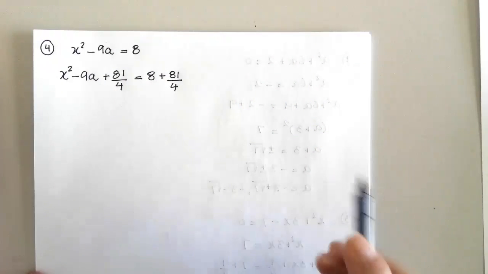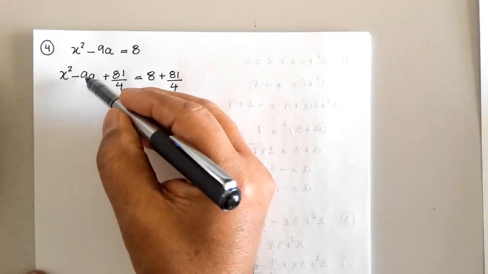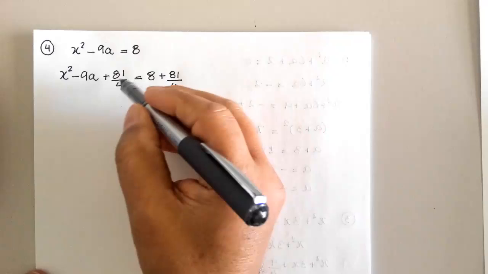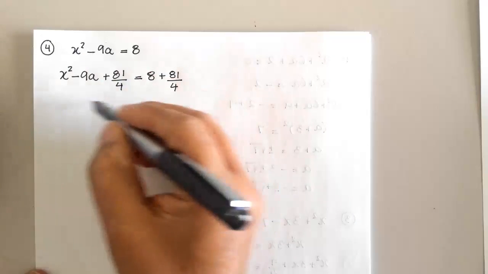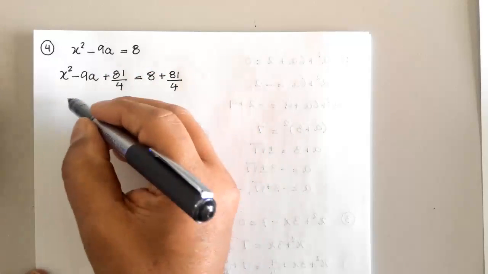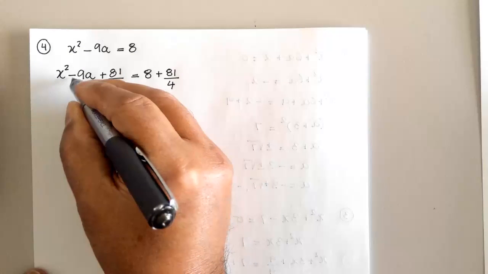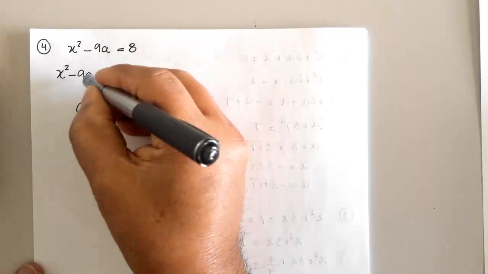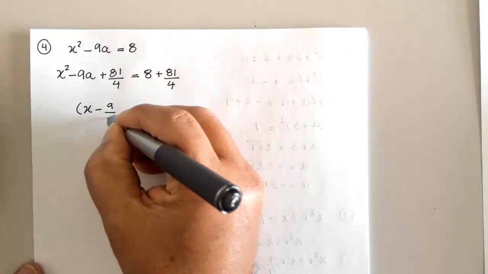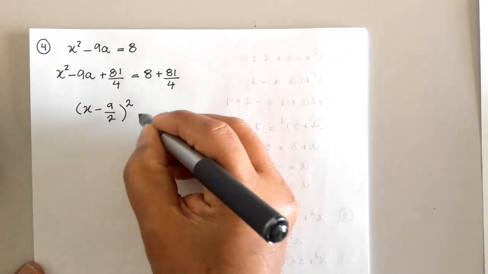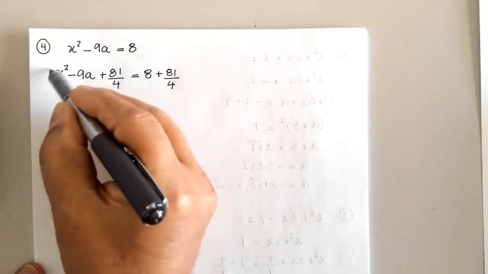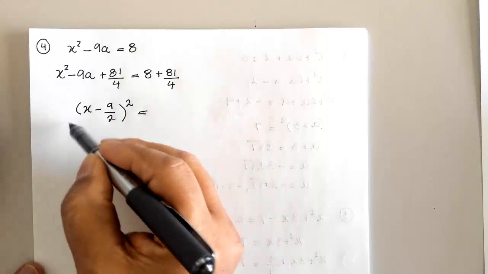It's not a random number, it's the number that is coming from here. Then we know that this again is a perfect square. So we say x minus 9 over 2, squared, equal to this.